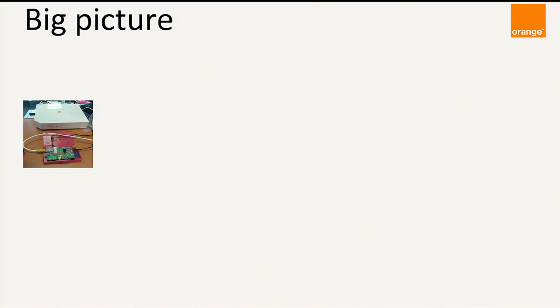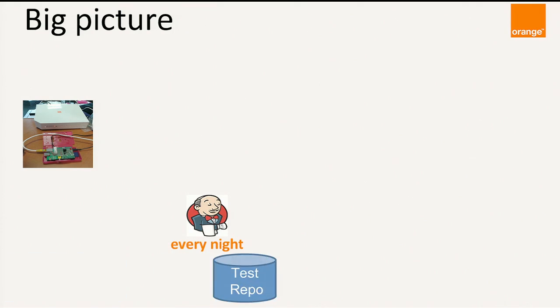Now, if we see the big picture of where we are, we still have our set-top box, our Raspberry Pi. But now, a new actor, we have Jenkins. So next step, Jenkins, every night, will check the test repository, because all of our test suites and test cases are stored in our repository.